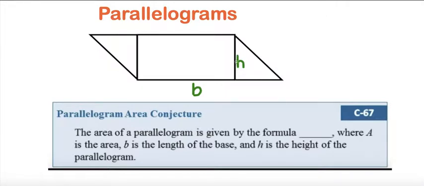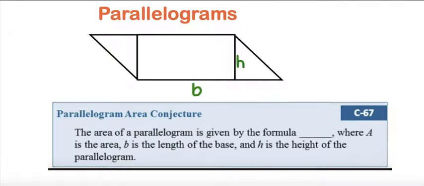Remember what I said, that height is really important, that it's at a 90-degree angle to the base. This diagonal side cannot be our height because it's not at a 90-degree angle to the base. So our height is what goes straight from the top to the bottom to form a 90-degree angle.